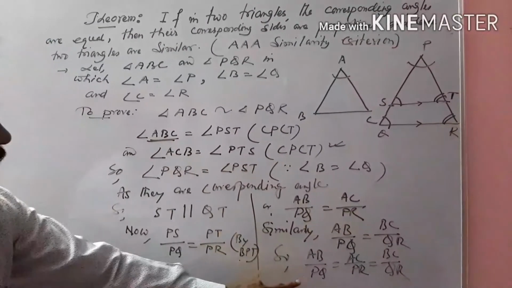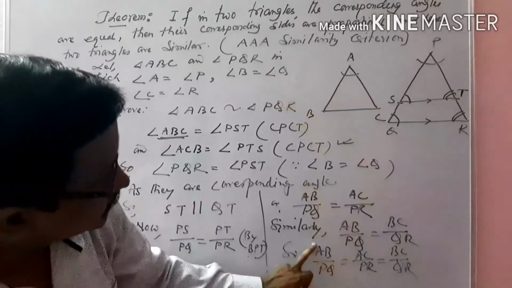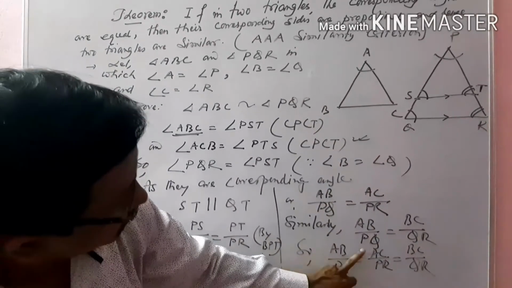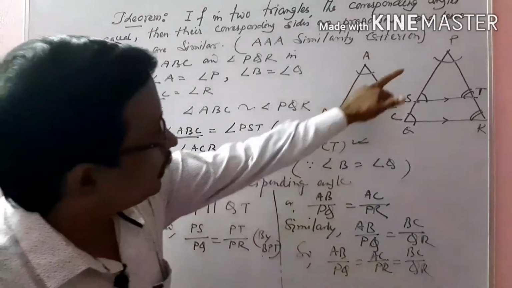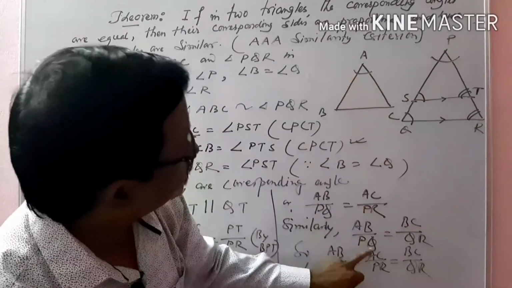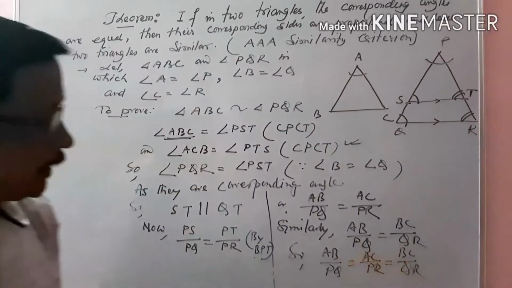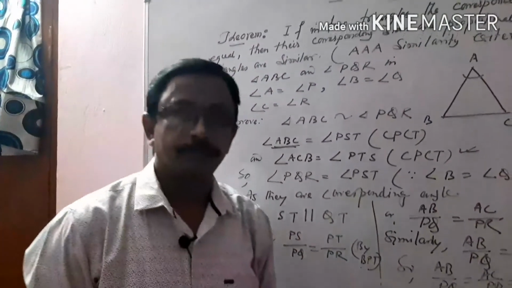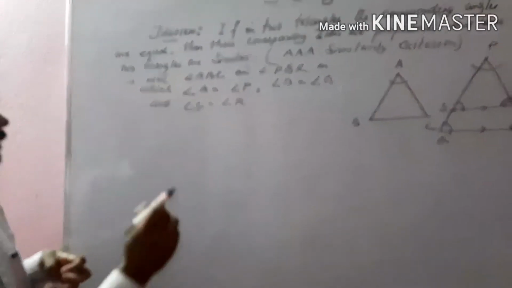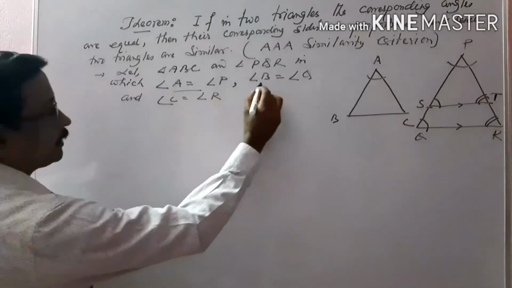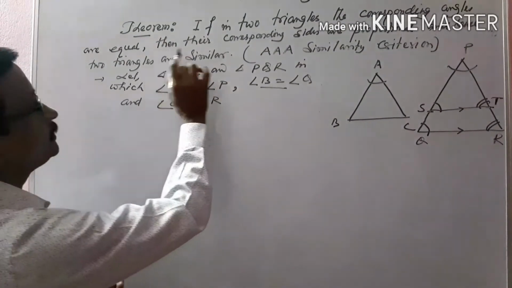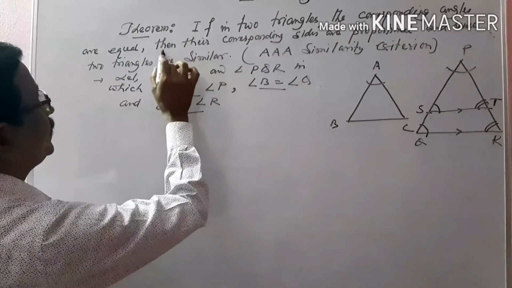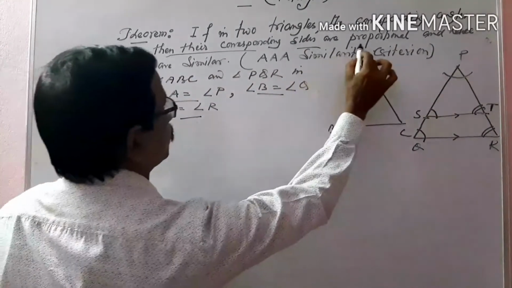Okay. Up to this one clear? The sides are also proportional. AB by PQ and AC by PR and BC by QR can write. Okay. Next part I am showing next one. Okay guys, now you see this one given and it is written in the theorem, that is their corresponding sides are proportional.